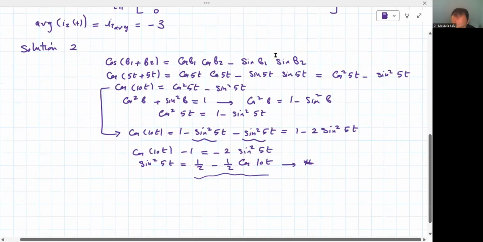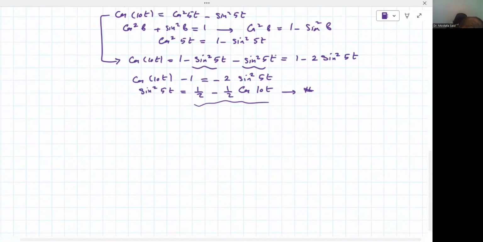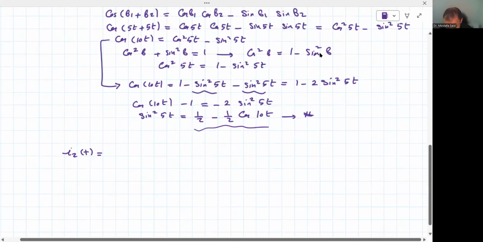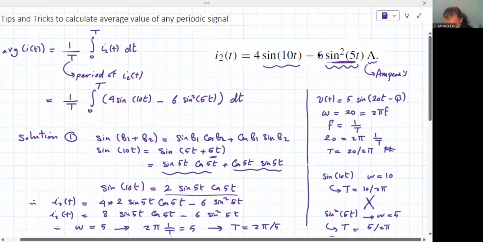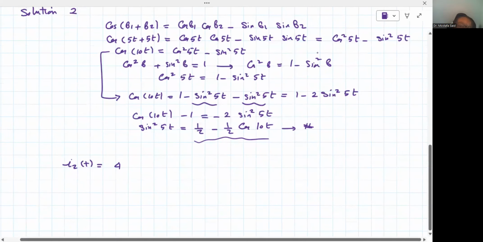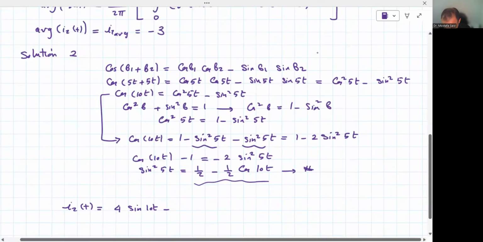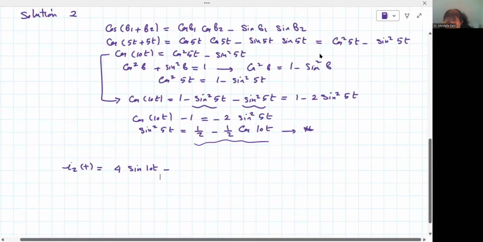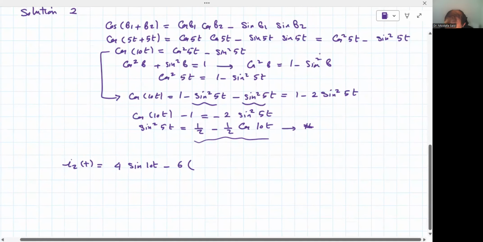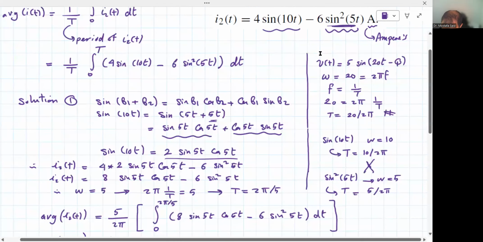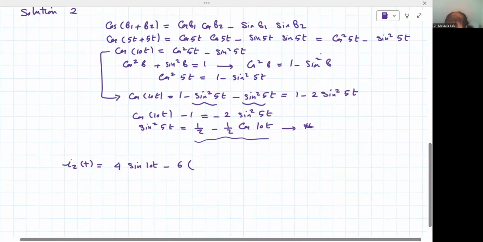We can rewrite I2 of t equal to, the first term stays the same, 4 sine 10t. The second term is minus 6 sine square 5t, so it will be 1/2 minus 1/2 cosine 10t. Look, guys, everything now is 10t.